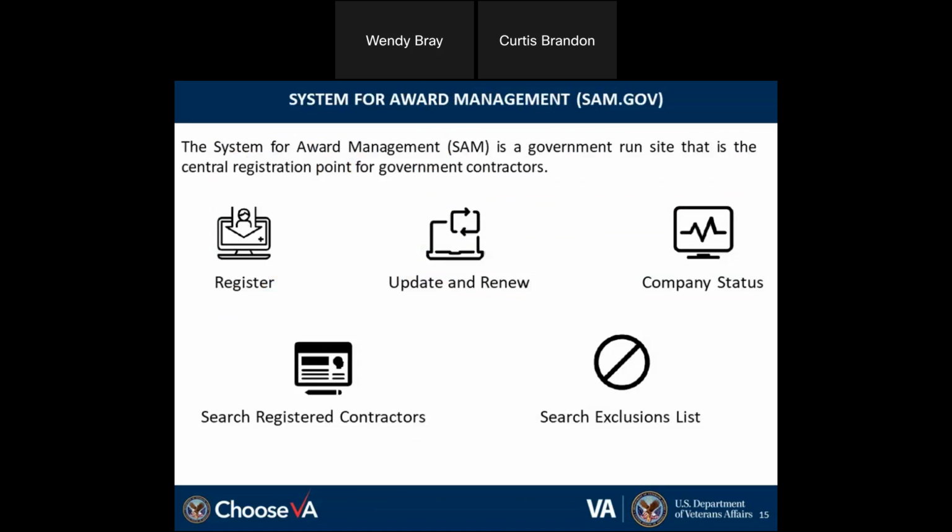Now, SAM.gov. There is no cost to use this system for award management. SAM.gov is a central registration point for all government contractors. Any business wanting to do business with federal agencies registers on this site.